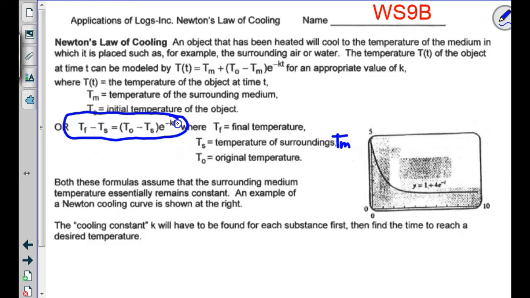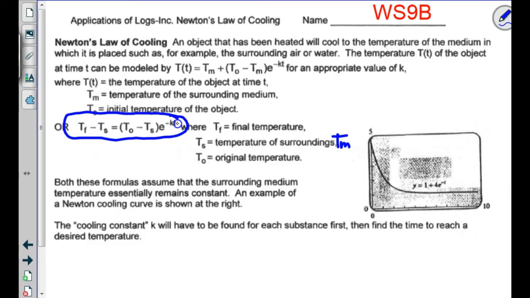But if I take a hard-boiled egg out of the boiling water and put it in this mug full of cold water, it probably is going to change the temperature of the cold water. This formula ignores that, just so you know. If this was full of water and I put an egg in there, it probably wouldn't change the temperature of this quantity of water as much, right? So we're kind of ignoring that.